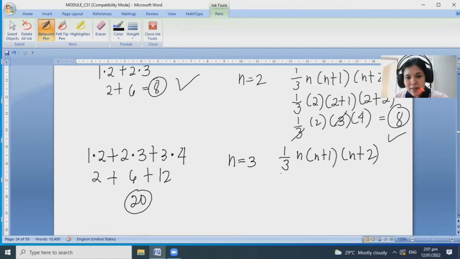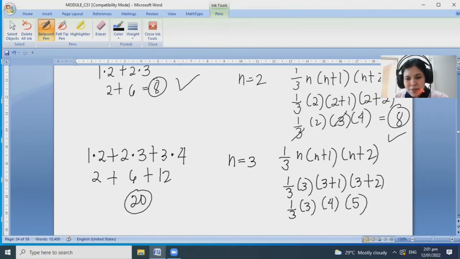Replace n by 3. So 1/3 times 3 times 3 plus 1 times 3 plus 2. So 1/3 times 3 times 4 times 5. Cancel 3, so 4 times 5, 20. Verified, correct. We're done in checking.